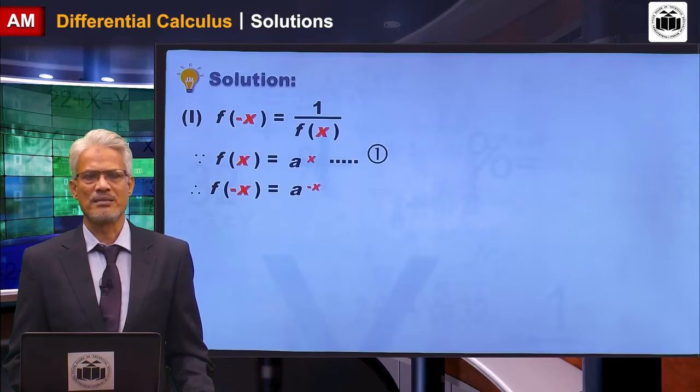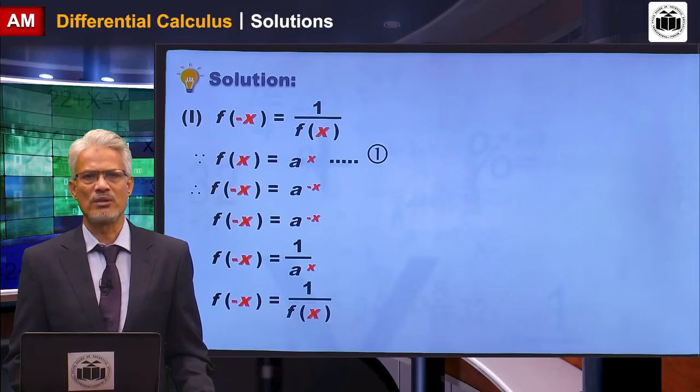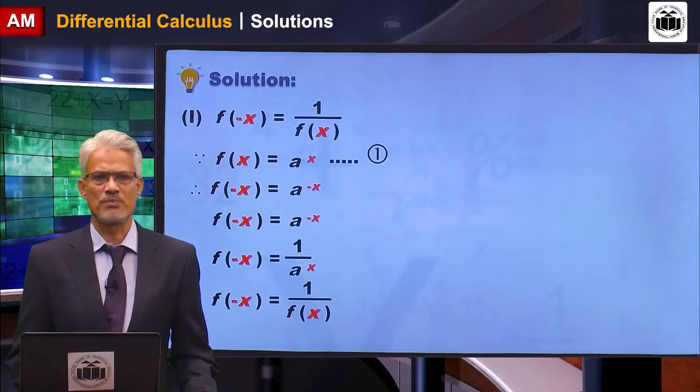We know by indices a^(-x) is equal to 1/a^x, and a^x is equal to f(x). Therefore, f(-x) is equal to 1/f(x). This question is proved now.